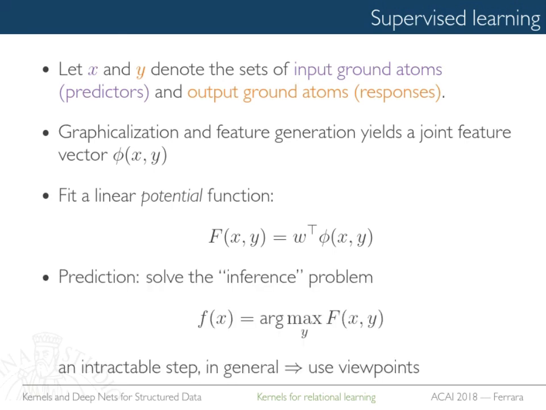Well, you just solve this inference problem: you take the argmax of F with respect to Y. You find the assignment of truth values to the ground atoms for the advised by relationship that maximizes this compatibility function, right? That's pretty much like what you do in graphical models. If you think about Markov logic networks, they do pretty much the same. They maximize this.